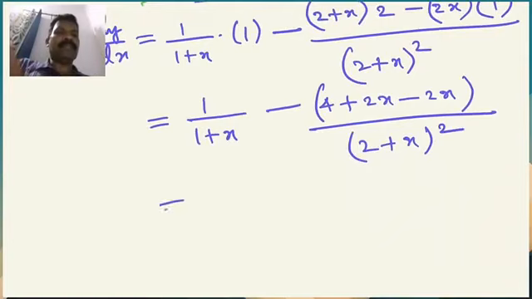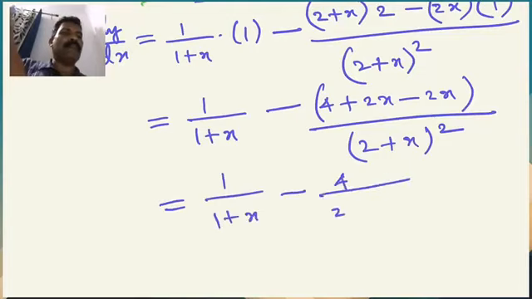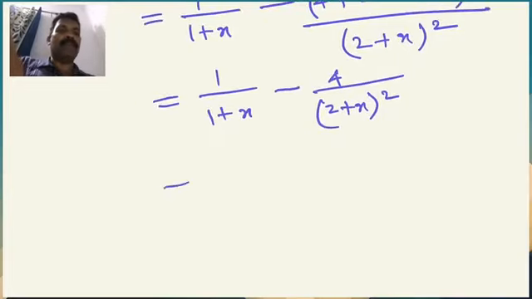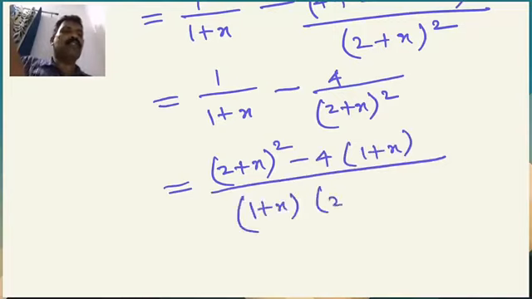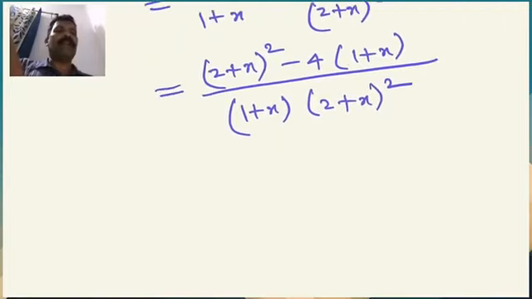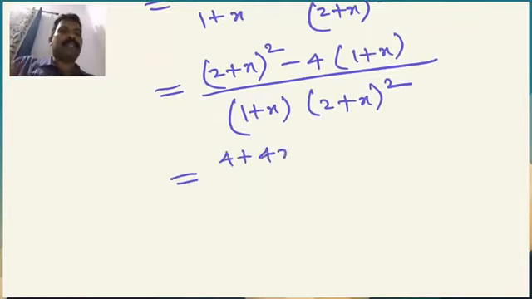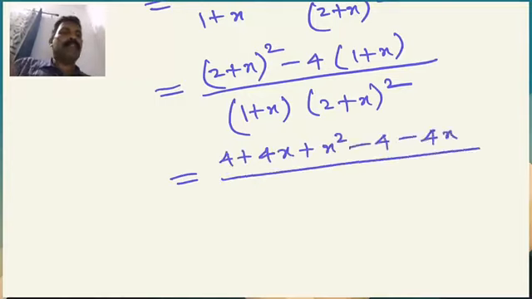Now that is equal to 1 by 1 plus x minus 4 divided by (2 plus x) the whole square. We can make the denominator common, that is (2 plus x) the whole square minus 4 into (1 plus x), the whole divided by (1 plus x) into (2 plus x) the whole square, which can be further simplified as: (2 plus x) the whole square means 4 plus 4x plus x square, minus 4 minus 4x, isn't it?